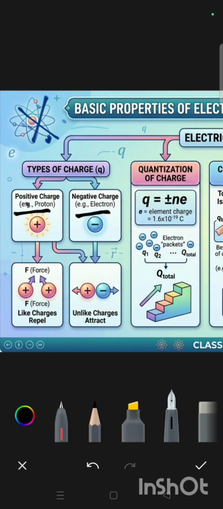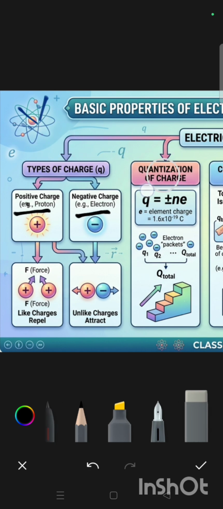Okay. In Coulomb's law of electrostatics, we saw the force of attraction or repulsion. So if two charges are positive and positive, they repel each other, right? If the two charges are negative, again they repel each other.